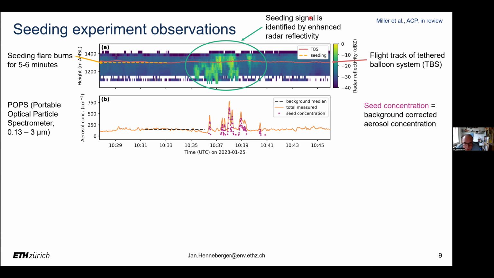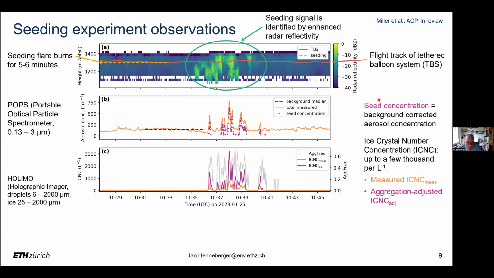First, the aerosol measurement from the POPS instrument. We had a background of around 200 per cubic centimeter, and during the seeding event, 2 to 3 times higher. So we calculated the seed concentration from the background-corrected aerosol concentration. For ice crystals, we had nothing in the background. They were measured by HOLIMO, a holographic imager.